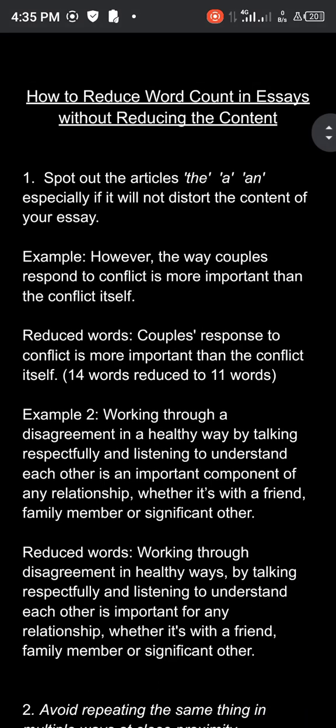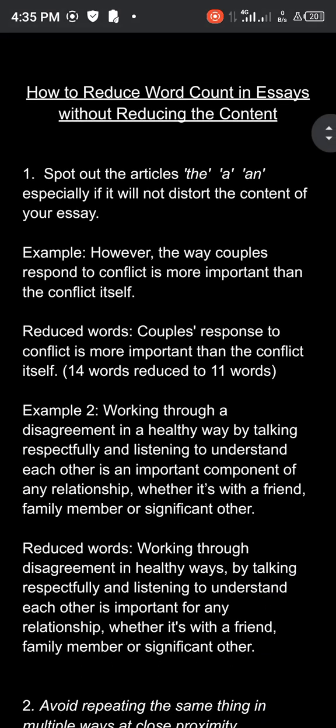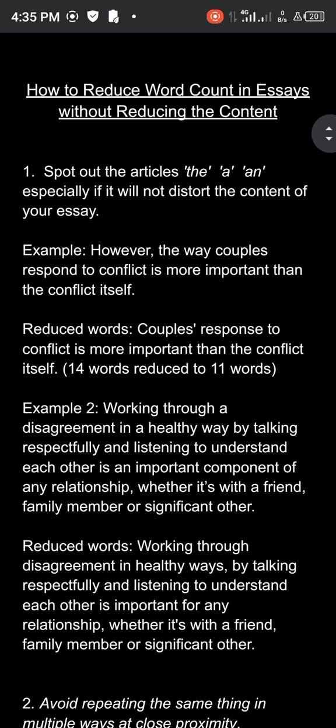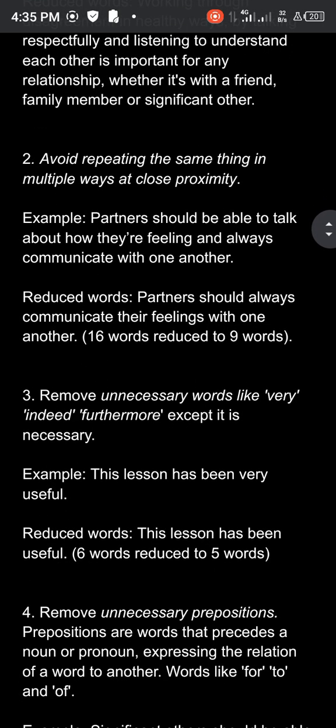Now, as a summary, the 10 points are: first, spot out the articles, the A, and, THE, like the bag, a cat. Then the second one, avoid repeating the same thing in multiple ways at close proximity.